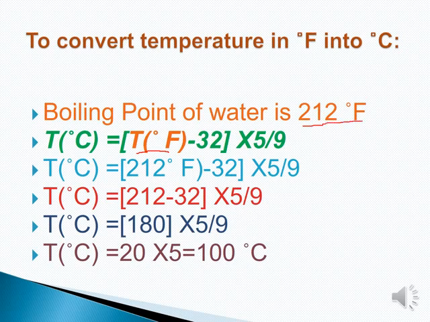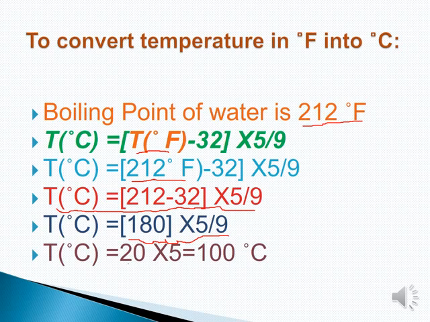The equation becomes temperature in degree Celsius is equal to 212 minus 32, multiplied by 5 by 9. And 212 minus 32 is equal to 180. So the equation becomes temperature in degree Celsius is equal to 180 multiplied by 5 by 9. And 180 divided by 9 is 20. So 20 into 5 is equal to 100 degrees Celsius.